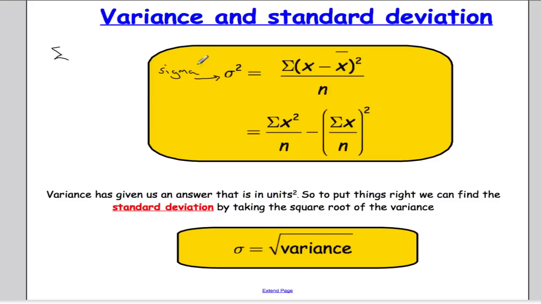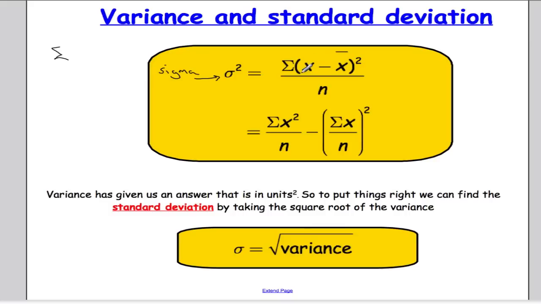The variance is the average of the squared distance between the points and the mean. So if I take a data point and subtract the mean, square the answer, do that for every data point, add them together, and then work out the average.